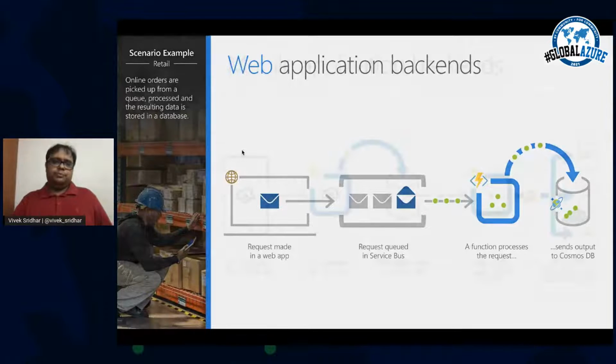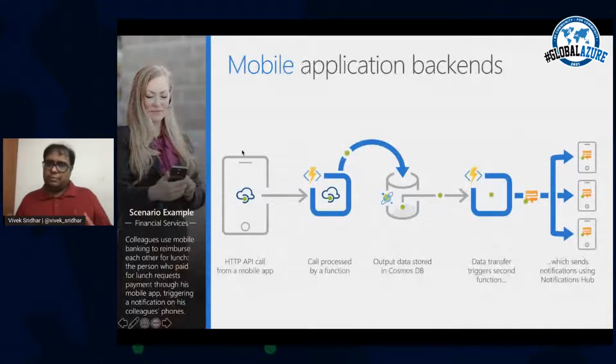And from a mobile application backend perspective, say for example, you've gone out to have lunch with colleagues, and you request money from each one of them through a mobile app. There is a trigger happening, and then data gets stored in Cosmos DB, who has to pay how much, everything is stored.